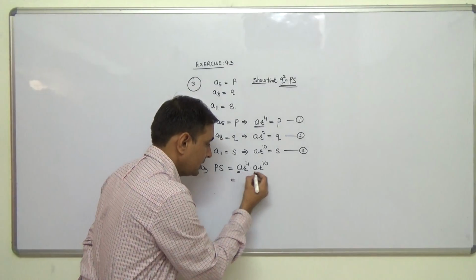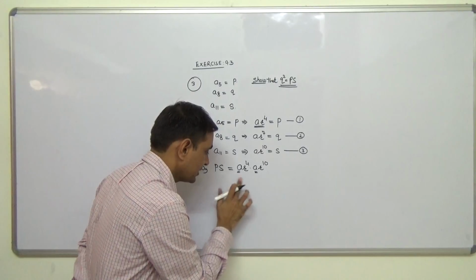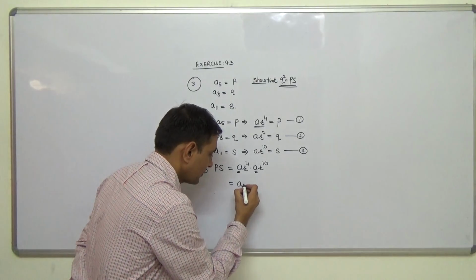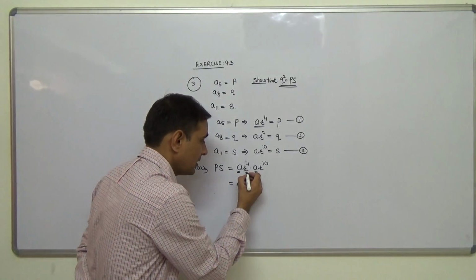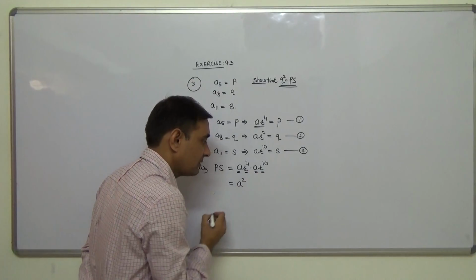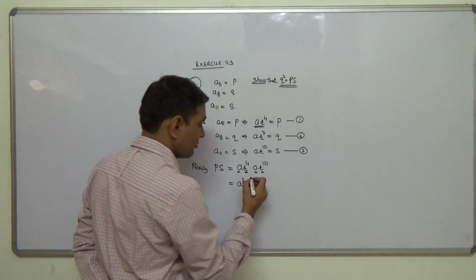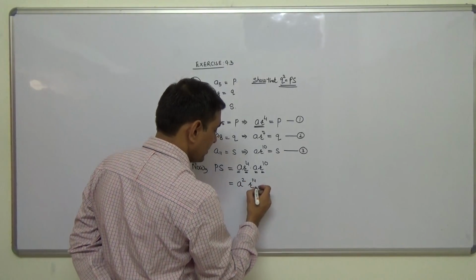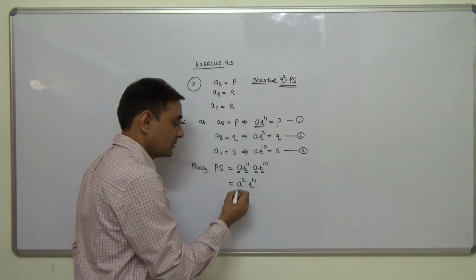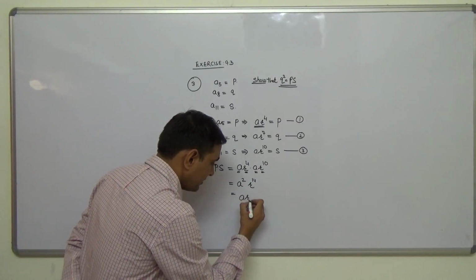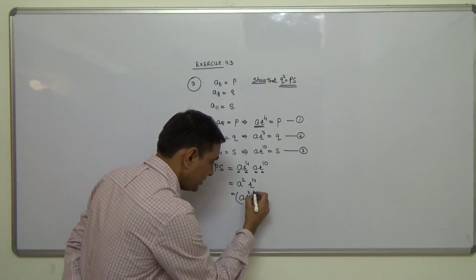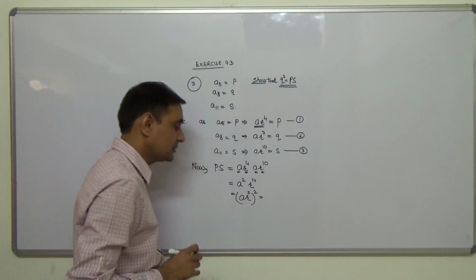Now A into A, that is A square. R to the power 4, R to the power 10. That is R to the power, bases are same, so power will be added. R to the power 14. We can write it as AR7 whole square, right?